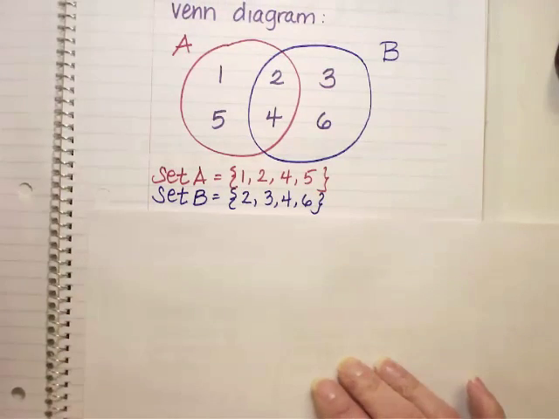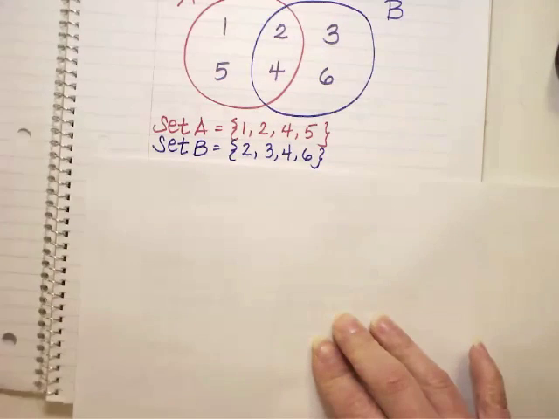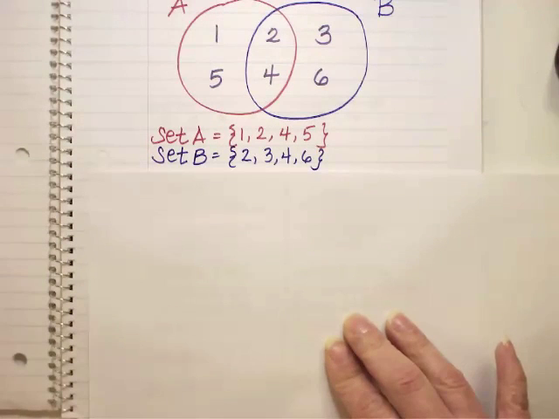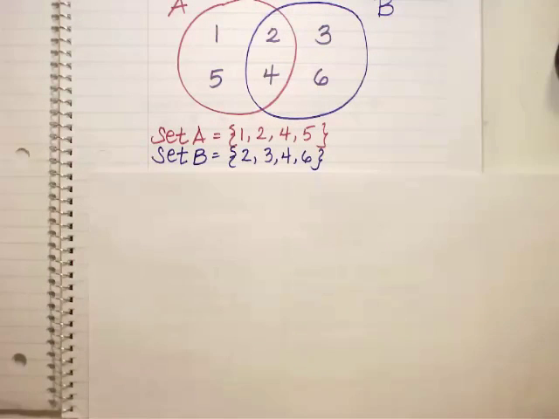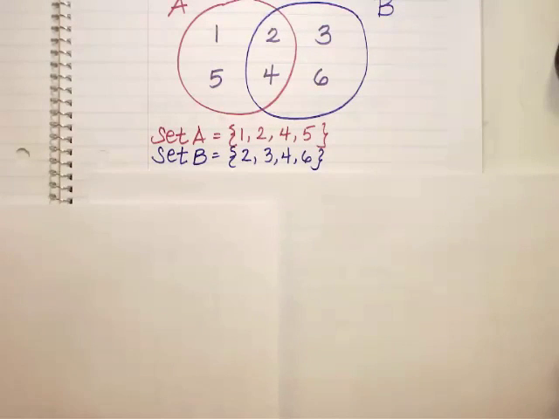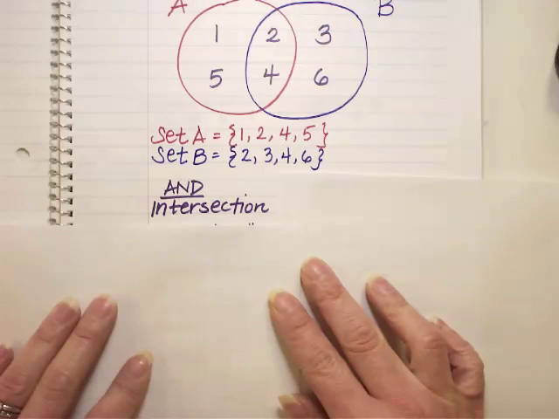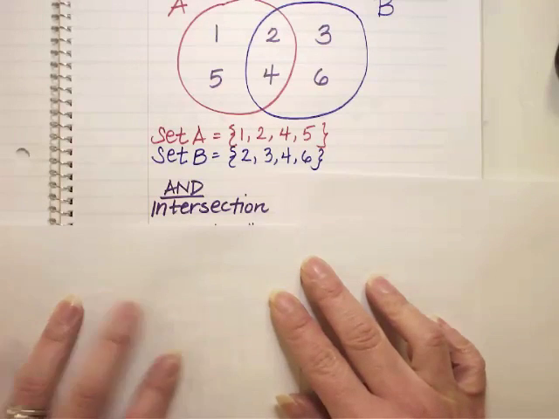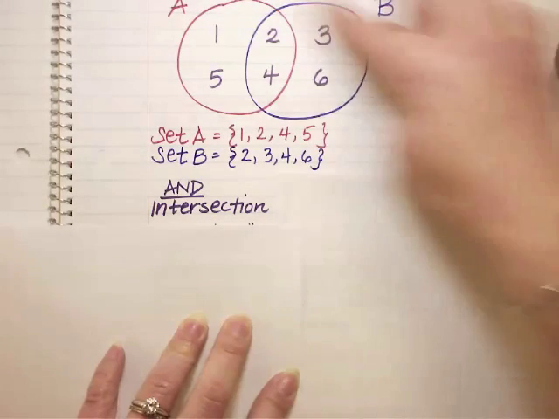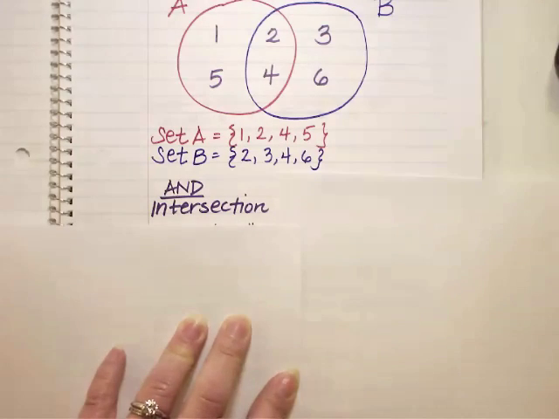We're going to take a look at the word and first, and let's explore the word and. If I wanted set A and set B, I would be looking at what we call an intersection. Intersection is when I take A and intersect it with B, much like what we did in Chapter 5 when we took two lines and intersected them.